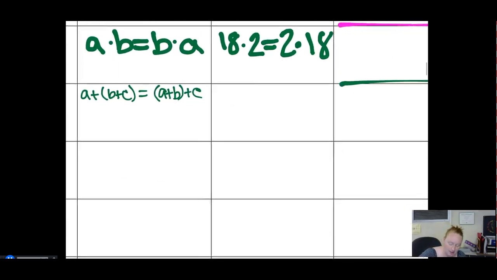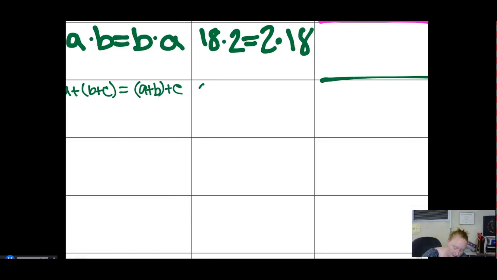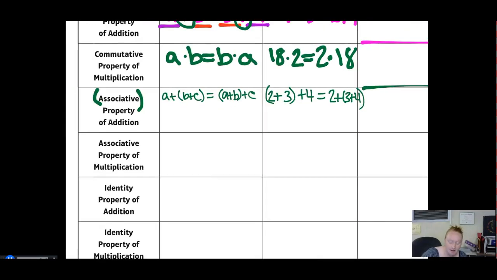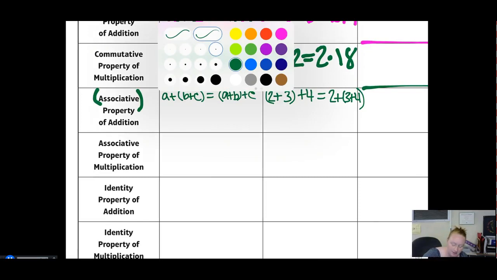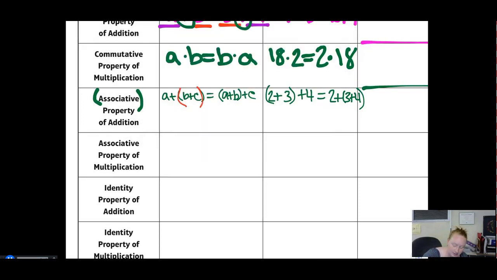So my example of this is going to be 2 plus 3 plus 4 is equal to 2 plus 3 plus 4. And you'll notice that I wrote it kind of opposite than I did the first time. It's okay if the parentheses start here or if they start here. It does not matter where the parentheses start as long as they move. Okay.